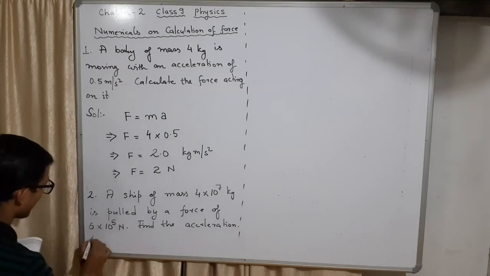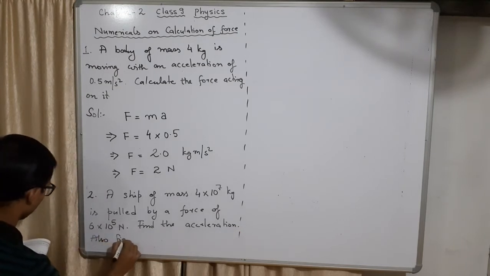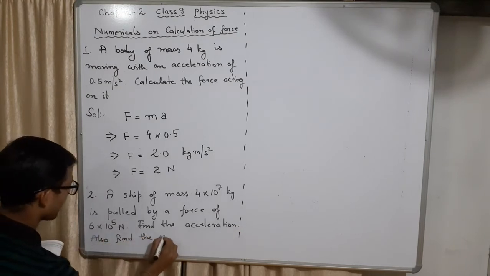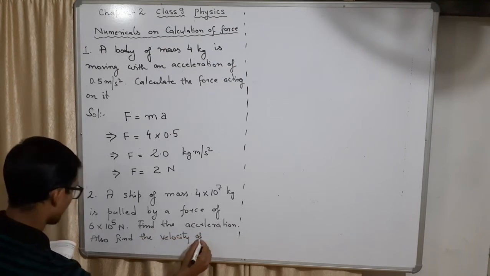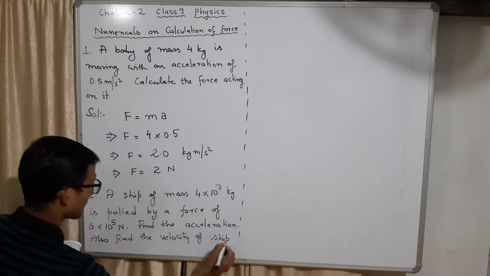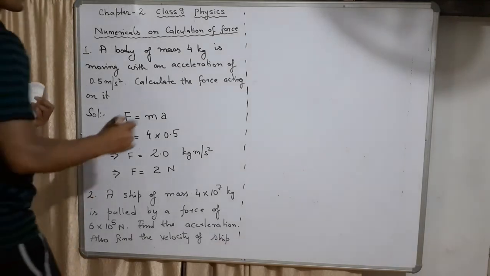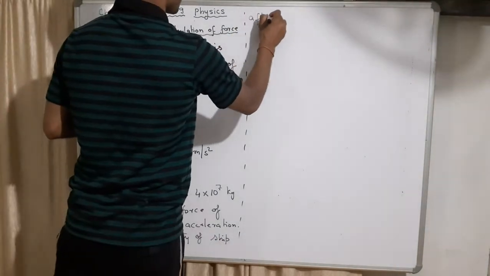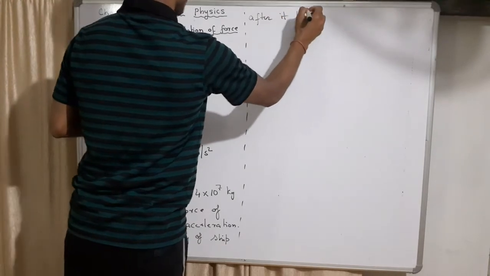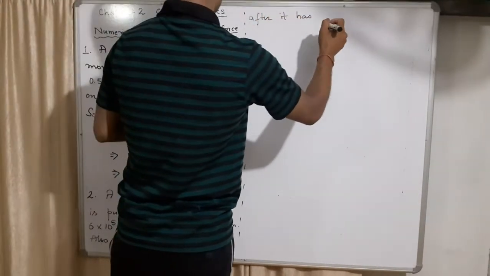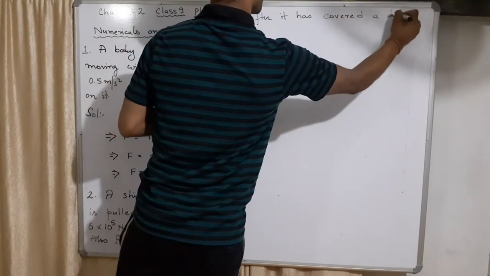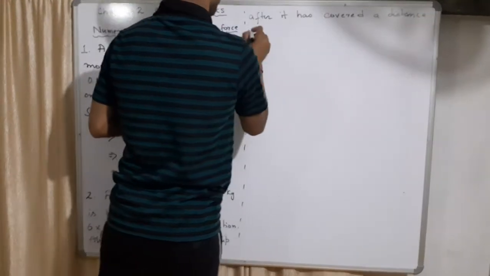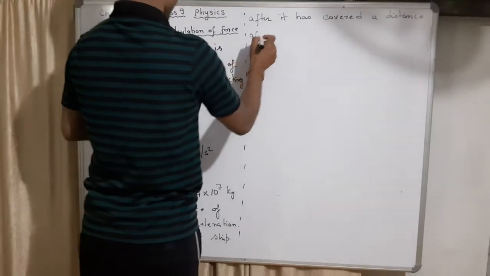Also find the velocity of the ship after it has covered a distance of 300 meters.